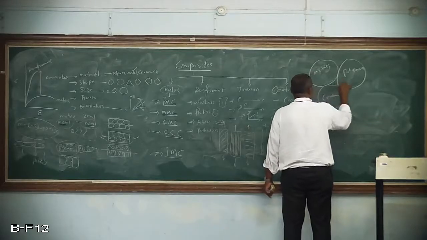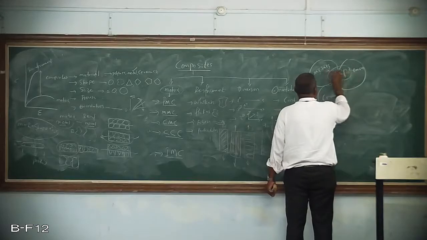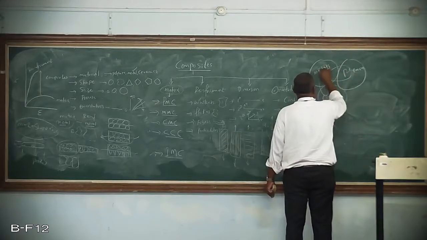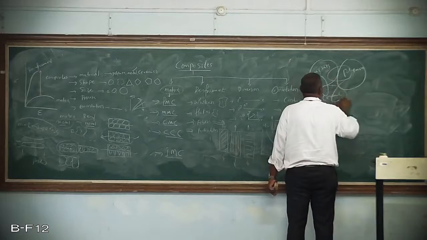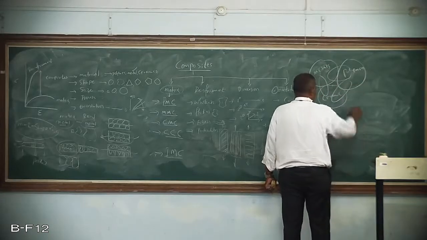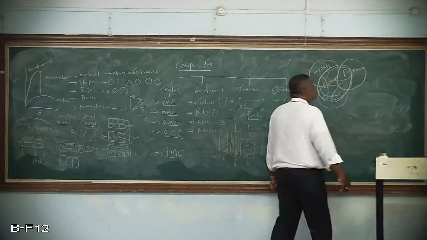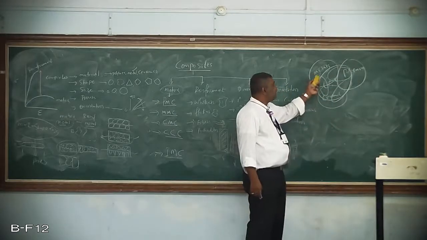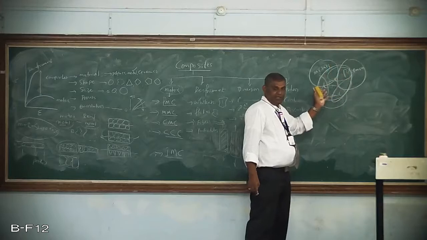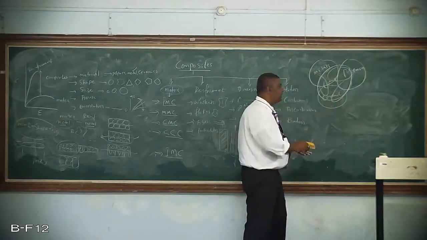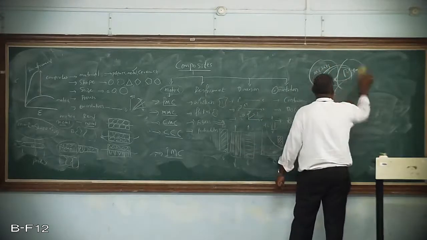All are independent materials. If I combine these, then it is polymer metals. If I combine these, then it is metal ceramics. And if I combine polymer ceramic materials. So when I combine these, they are called composites. Composites are materials which bring multiple materials together and make one common material. It is called composite material.